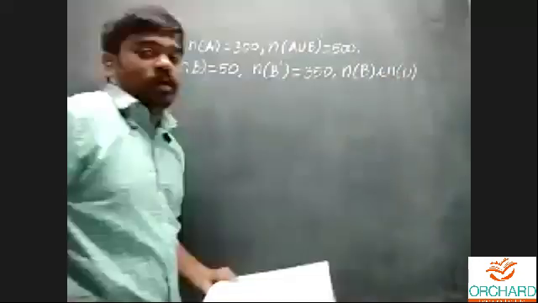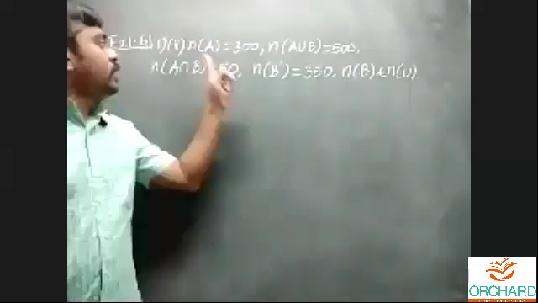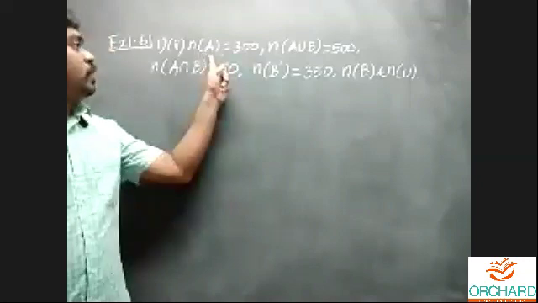Okay, fine. First one, N of B. Which of the given information is related to N of B? N of A union B, N of A intersection B. Is there any connection between these and N of B? Yes, we have that connection.